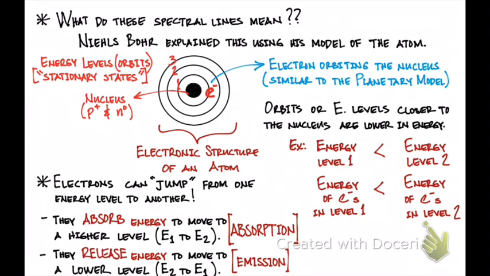Let's say if you want to move from energy level 1 to energy level 2, then they have to absorb energy. Or they can release energy to move from a higher energy level to a lower energy level. They call this emission. Light has to be released or emitted in order to move to a lower energy level, and you have to absorb energy in order to move to a higher energy level.